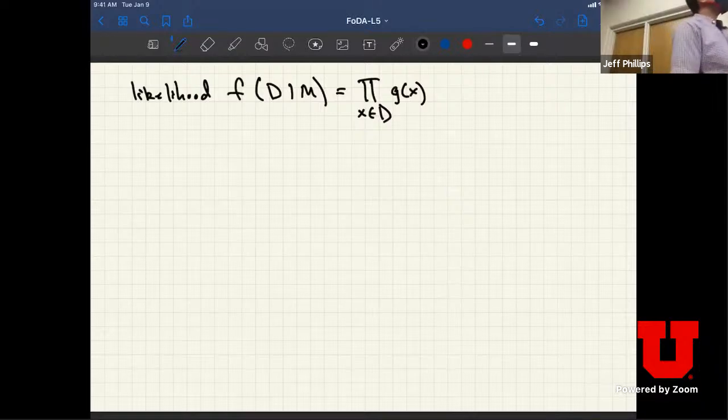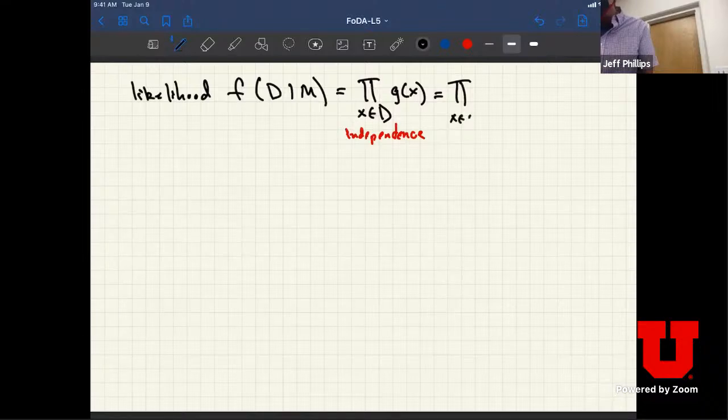We can say this because we assumed independence, so we can take the probability of each of the data points occurring and multiply these together.